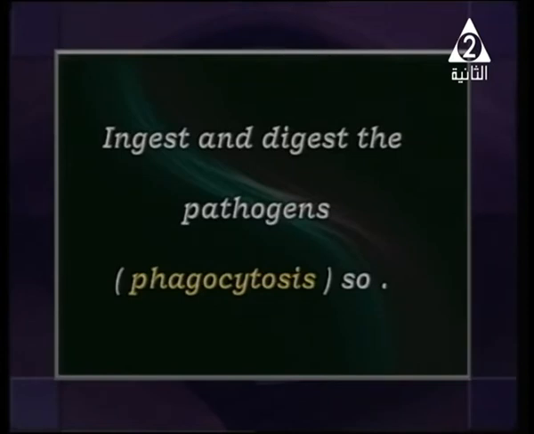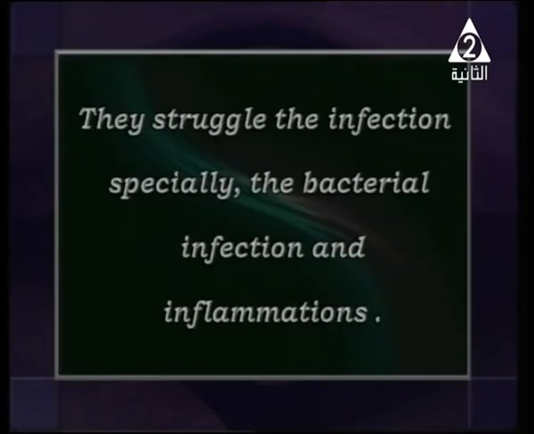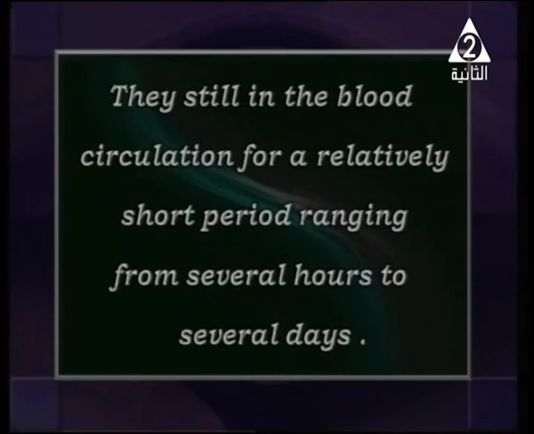Phago means to engulf something, and cytosis means to lyse it. They also fight infection, especially bacterial infection and inflammations. They also stay in the blood circulation for a relatively short period, ranging from several hours to several days.